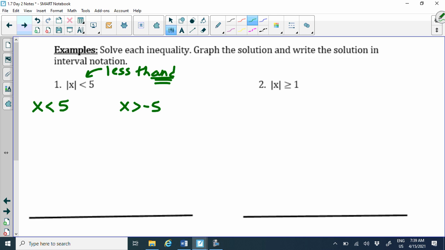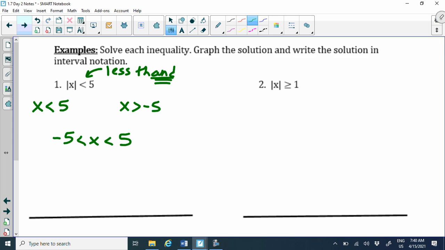So another way of writing this is negative 5 is less than x, which is less than positive 5. This represents that all numbers in between negative 5 and 5 will work. That's why we can shade in between.